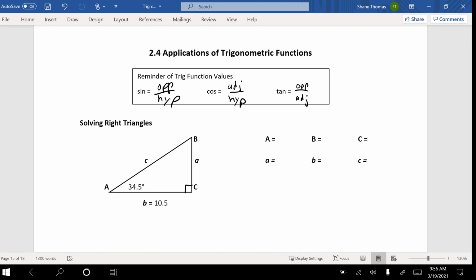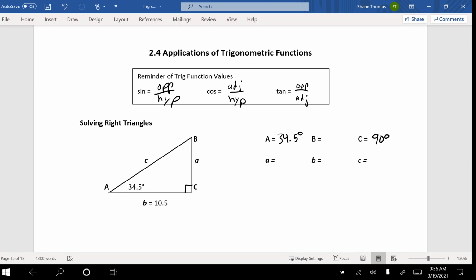Okay, so based on what I have here, I know two angles already, don't I? Let's knock those out real quick. So first off, what's angle A equal to? 34.5. Angle B is, we don't know. C is 90. So we have two just already written down, don't we? All right, so let's think back. What do we know about a right triangle? Or any triangle has interior angles, they sum to 180.